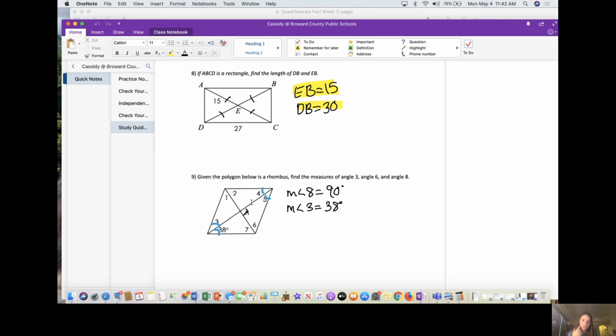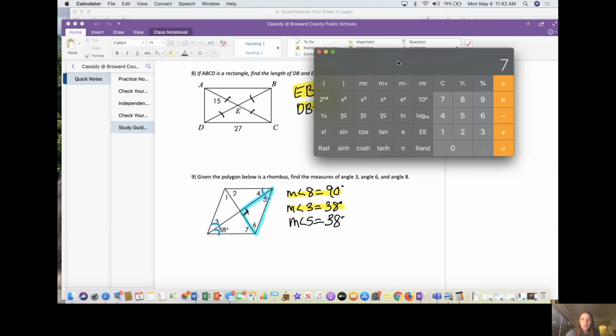So if we know that this angle right here is 90, and we know the measure of angle 5 equals 38, and we know 8 is 90, we're just going to add those together. Using this triangle, we know that there are 180 degrees in a triangle.